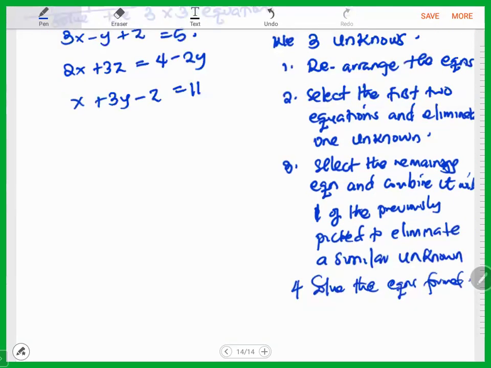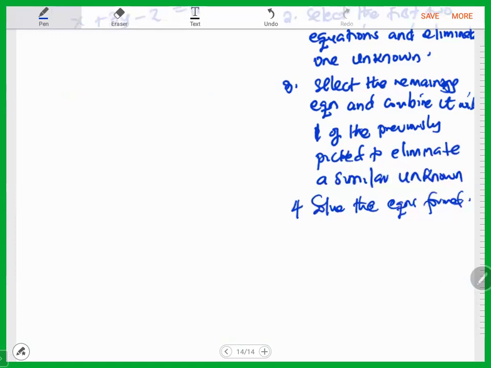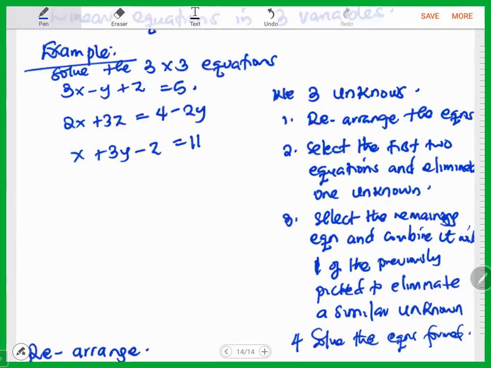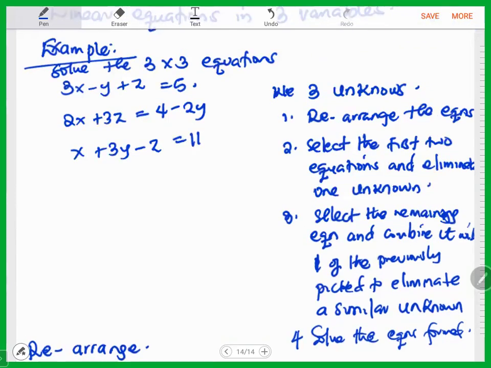So for example, here, I'm going to rearrange this in the format of A plus B plus C. So this is 3x minus y plus z is 5. That is okay.